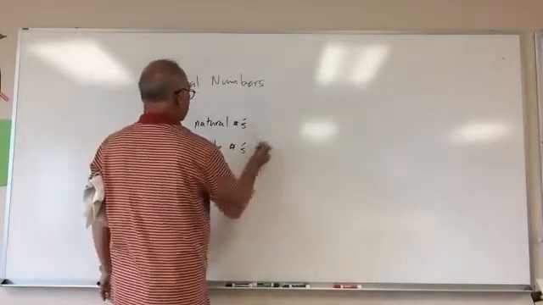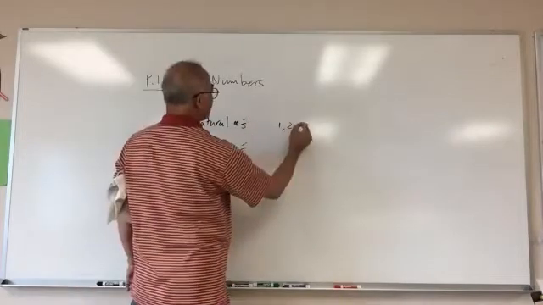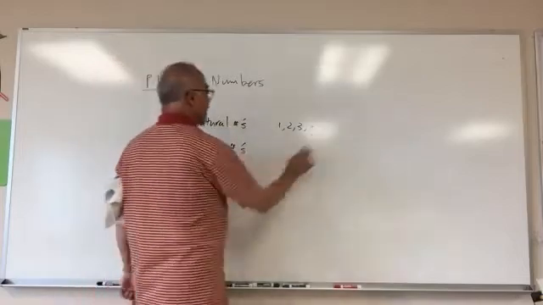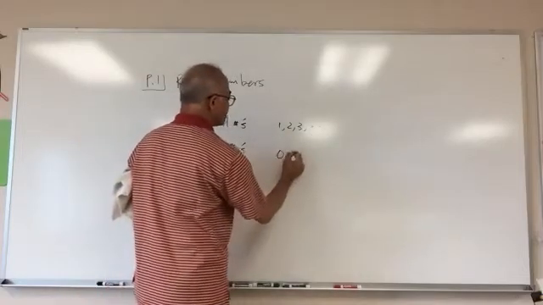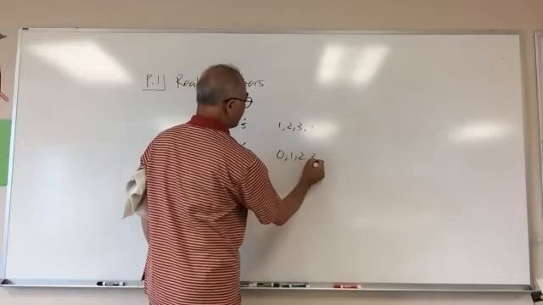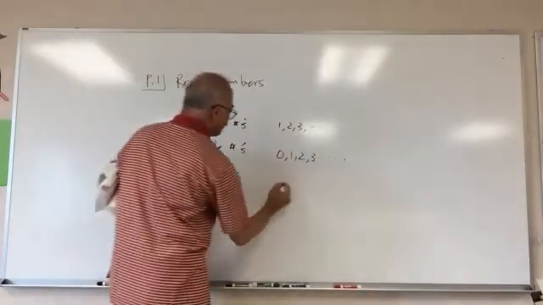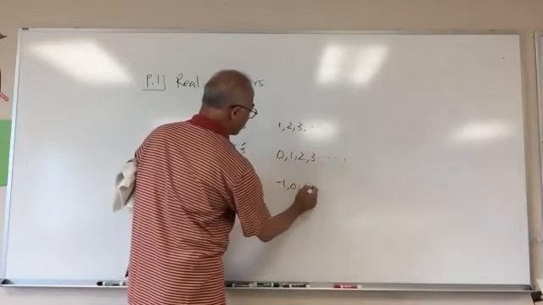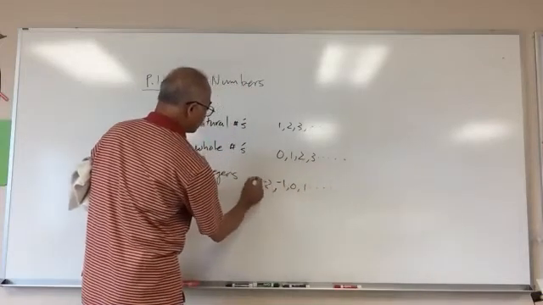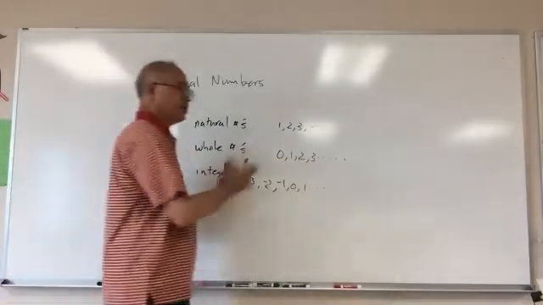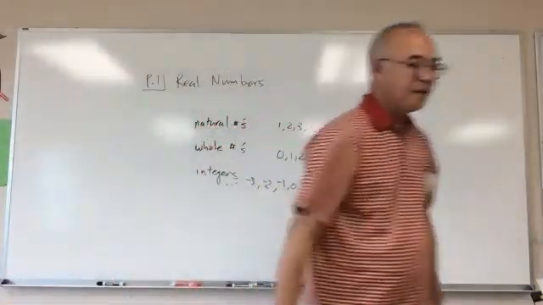Natural numbers are 1, 2, 3, on and on and on. Whole numbers is the same as natural numbers, but you start from 0. Integers, you include the negatives. We've learned this all before.